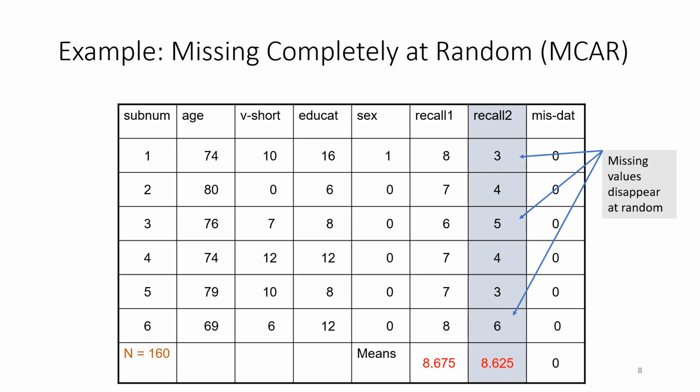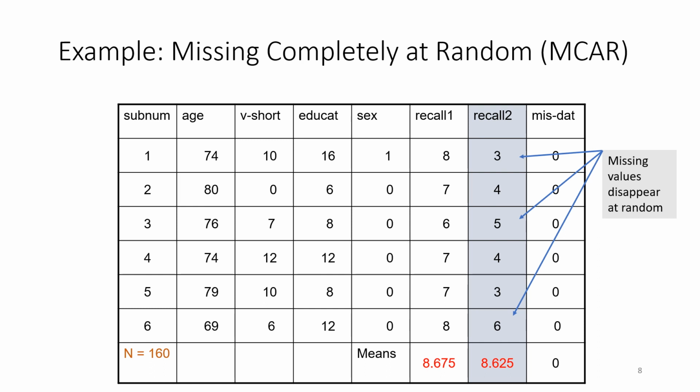The variable that is going to have data pulled from it is recall 2, and that variable is highlighted in gray. If we were to remove three values from it, where the arrows are pointing, and we did that in a completely random fashion, then that would potentially meet the criteria of missing completely at random.